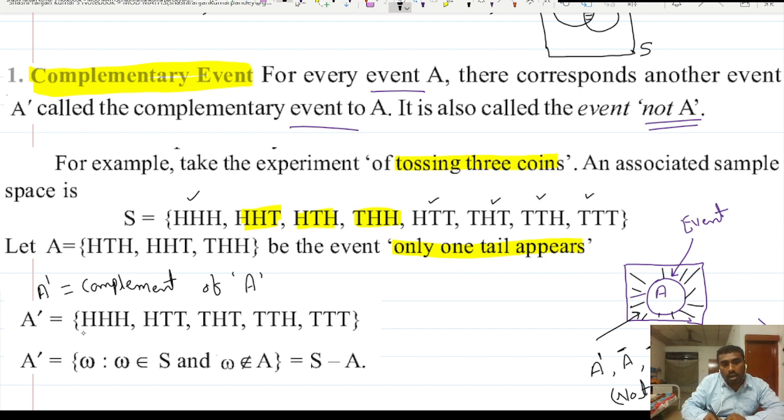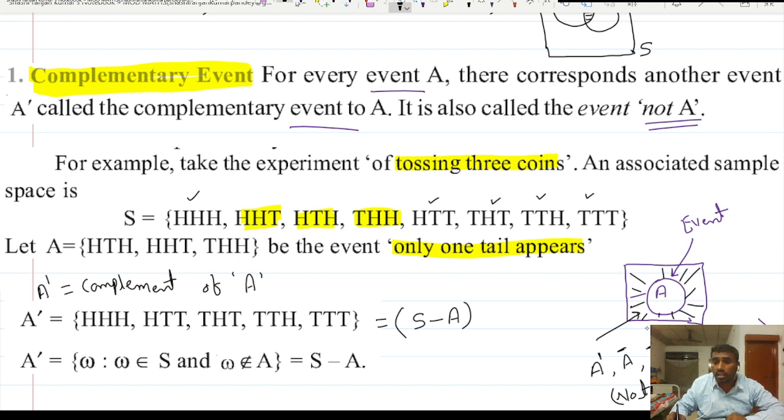All these are part of your not A. Simply, it is your whole sample space minus A. So from the sample space, if we subtract the given event, you will get not A.